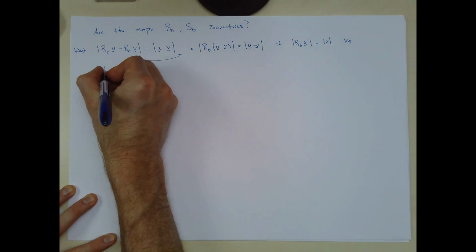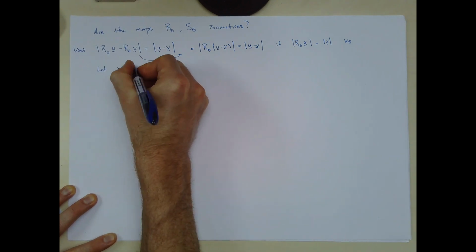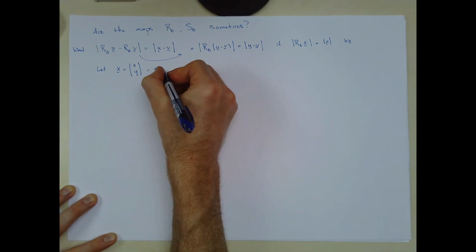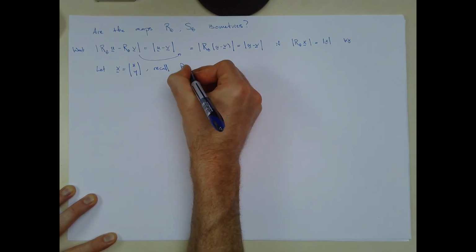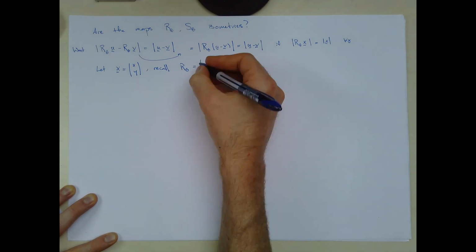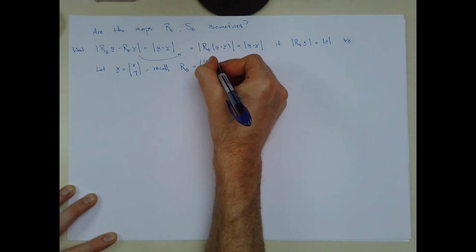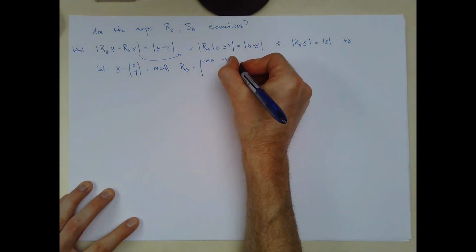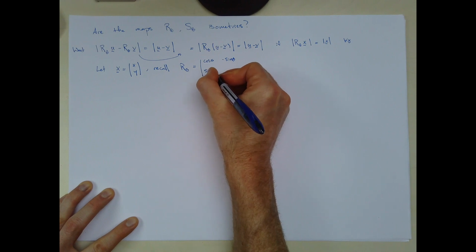Well, let's let x be (x, y). Recall that R_theta was the matrix cosine theta, minus sine theta, sine theta, cosine theta.